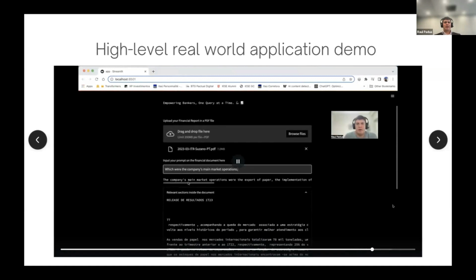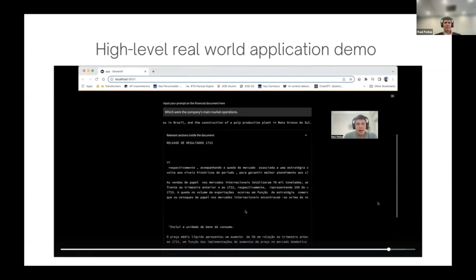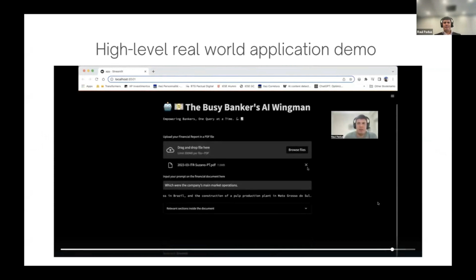The company's main market developments were the export of paper, the implementation of price increases in the domestic market, and the acquisition of tissue in the production plant at Mato Grosso do Sul, a Brazilian state. Here we have the chunk of text. You can see everything is in Portuguese, right?